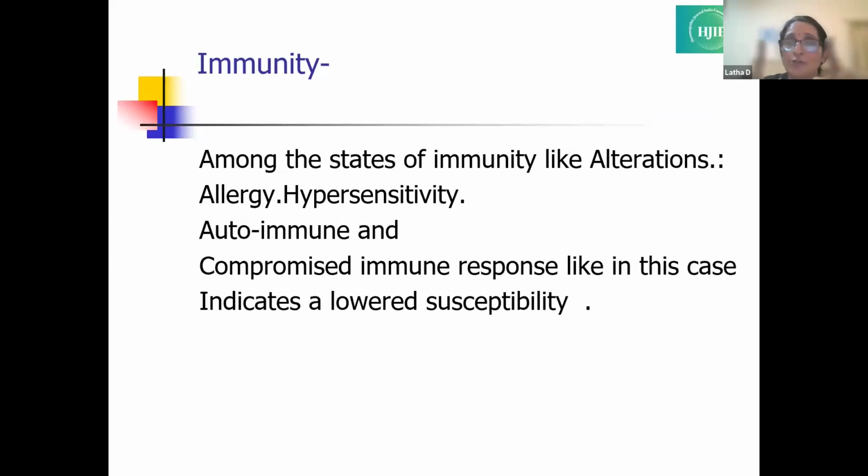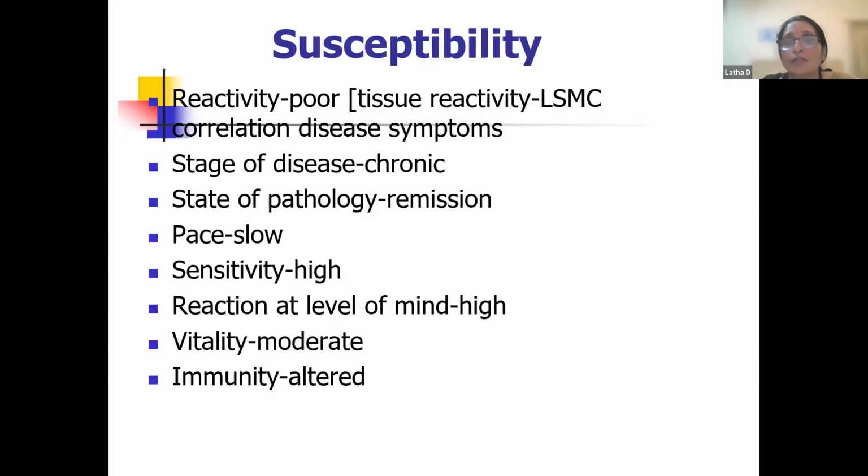Now is the time for us to put up the box and analyze the patient. The reactivity at the level of tissues is showing you only disease symptoms. The stage of the disease is chronic. The stage of pathology, sorry, is not in remission. It is advancing rapidly and in a severe state.